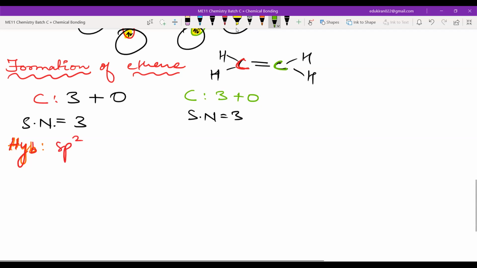Here also the hybridization will be sp2. Now I'm directly making the hybrid orbitals. I will directly make the excited state. First of all, the excited state will have the s and p like this.